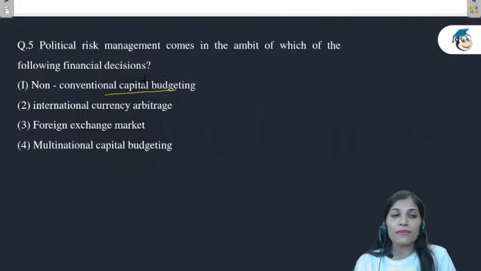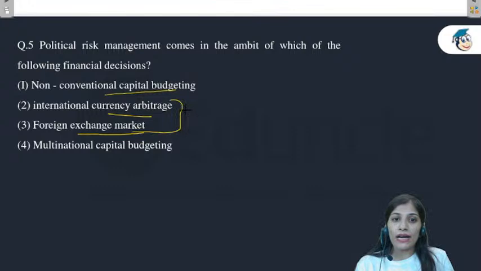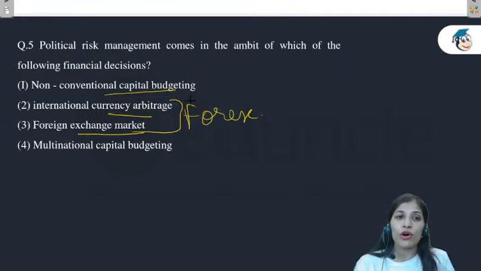Non-conventional capital budgeting, international currency arbitrage, foreign exchange. These two markets are from Forex, so they have nothing to do with political risk management.